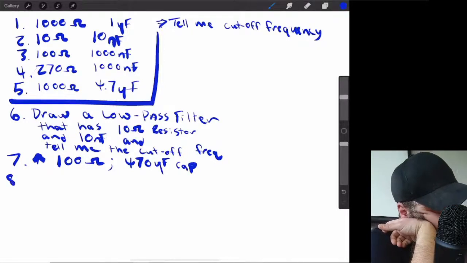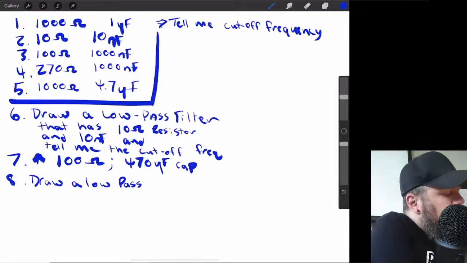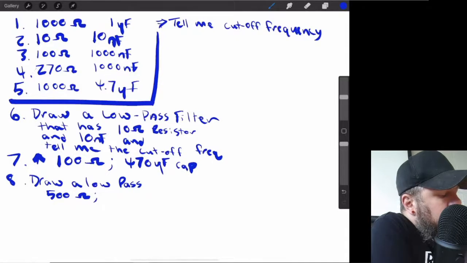Number 8, draw a low pass. Has a 500 ohm resistor and a 10 microfarad capacitor.